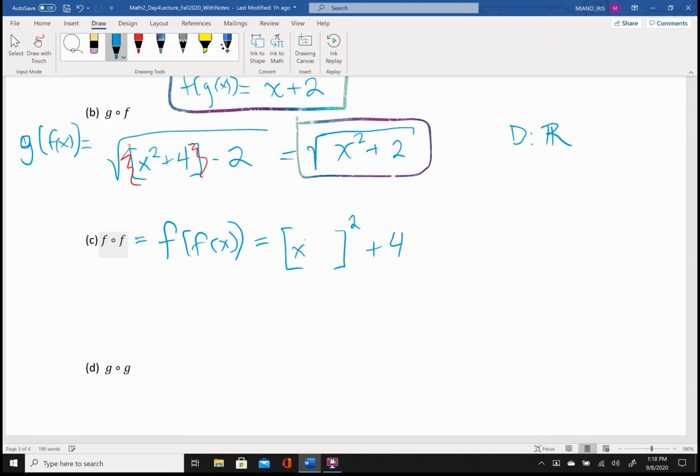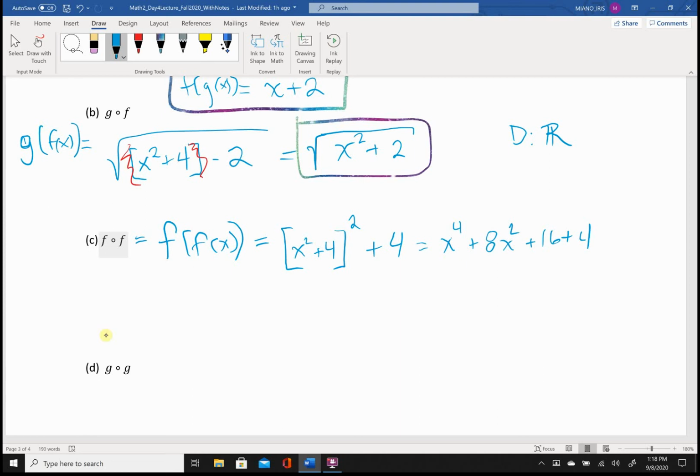X squared plus 4. Okay, so take the shortcut, square this binomial here, and you'll get x to the 4th power plus 8x squared plus 16. And then, of course, you have to add 4 after the fact. And that'll give you x to the 4th power plus 8x squared plus 20.